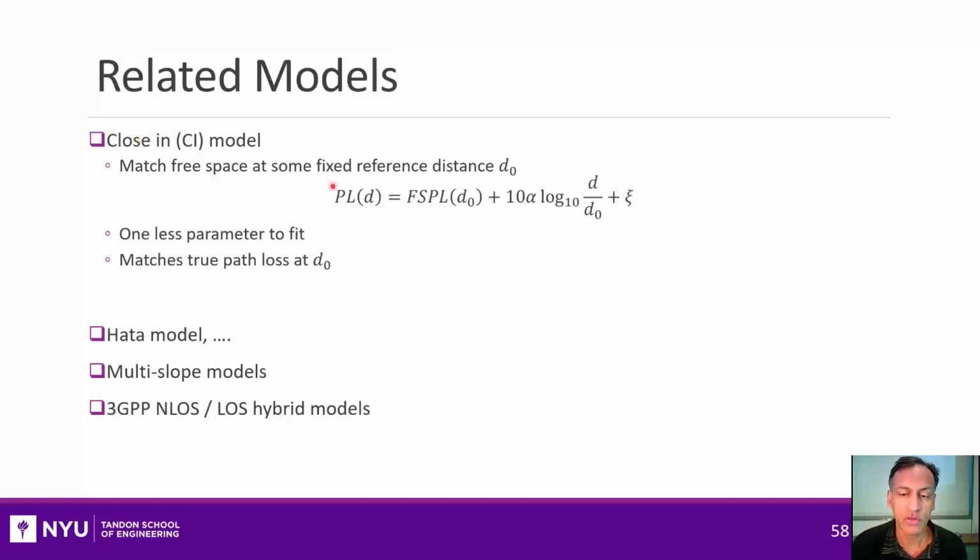In that case, you only fit the path loss exponent, and you keep the intercept fixed to the free space path loss at some reference distance, which is typically about 1 meter. And there are other models that you can look up in various texts. I'm not going to go through them here. Maybe in the lab, you'll look at one particular example for indoor propagation from a 3GPP model.